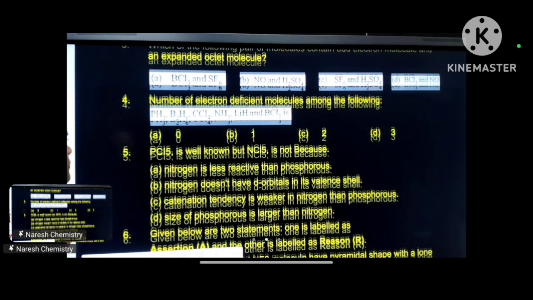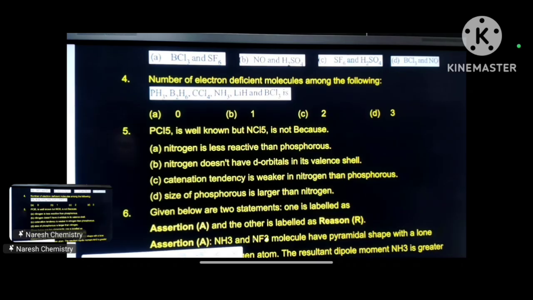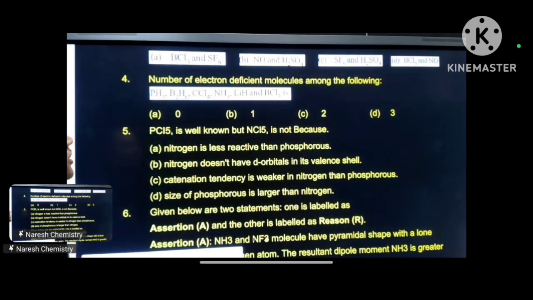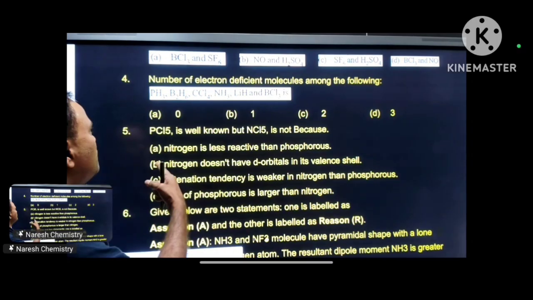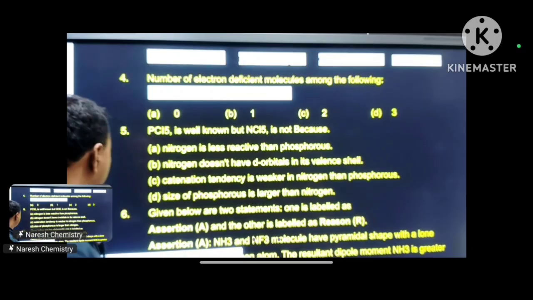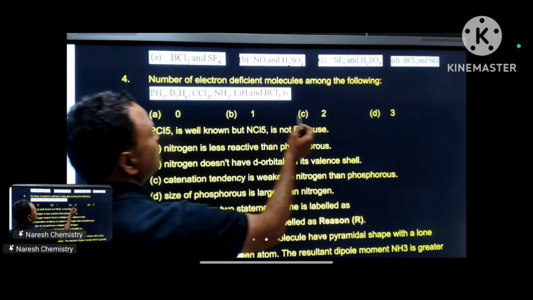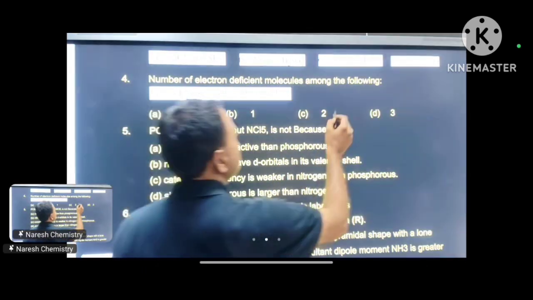Next. Fourth question. Number of electron deficient molecules among the following. You can do this. Can you read the molecules? Anybody? What is the first molecule? Can you able to read? That's why I'm asking. First one is PH3.